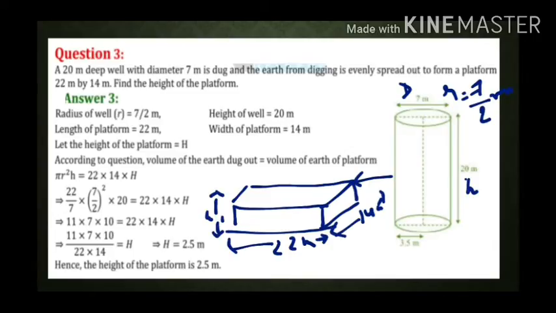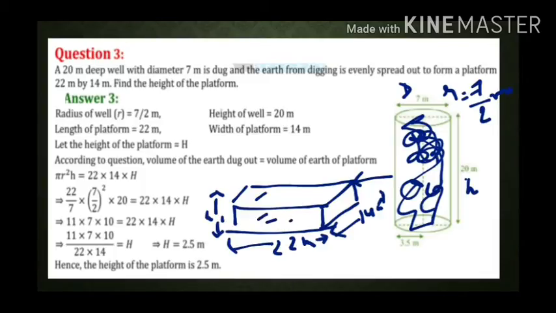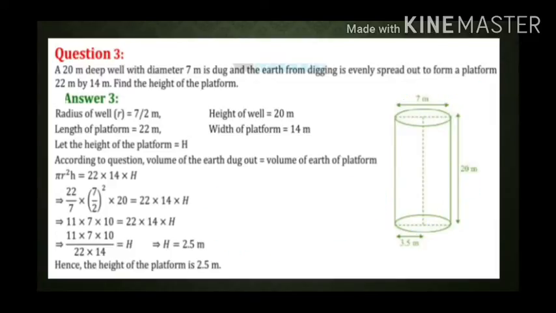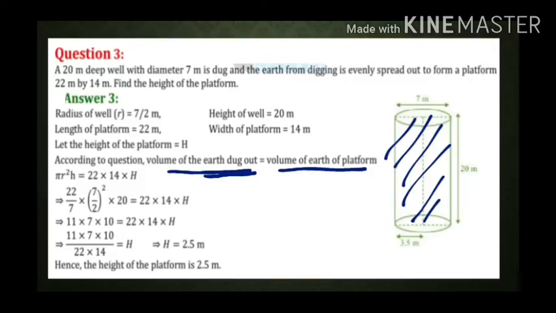As you can see, the volume of the total soil which you have removed by this digging is equal to the volume of the soil needed to make the platform. So according to the question, volume of earth dug out is equal to volume of earth of the platform. Now volume of earth dug out is equal to the volume of this cylinder, so use the pi r square h formula.